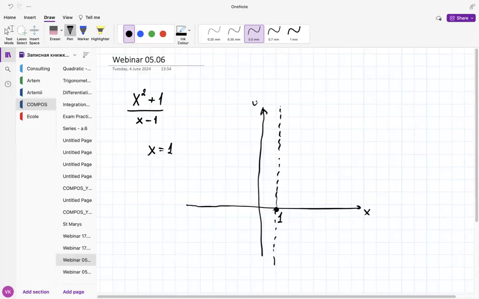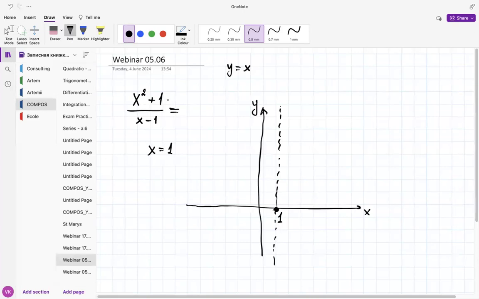Somebody is already mentioning the oblique asymptote, the slant asymptote. And someone proposed that probably it is y equals x. Well, let us see. What is the best way for us to understand what our slant asymptote is here? Any guesses, any ideas?